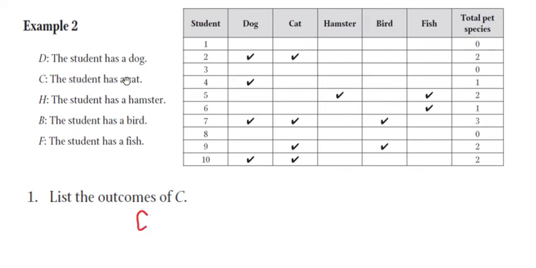So the outcomes for C are going to be student 2, student 7, student 9, and student 10, because that means all students who have a cat.